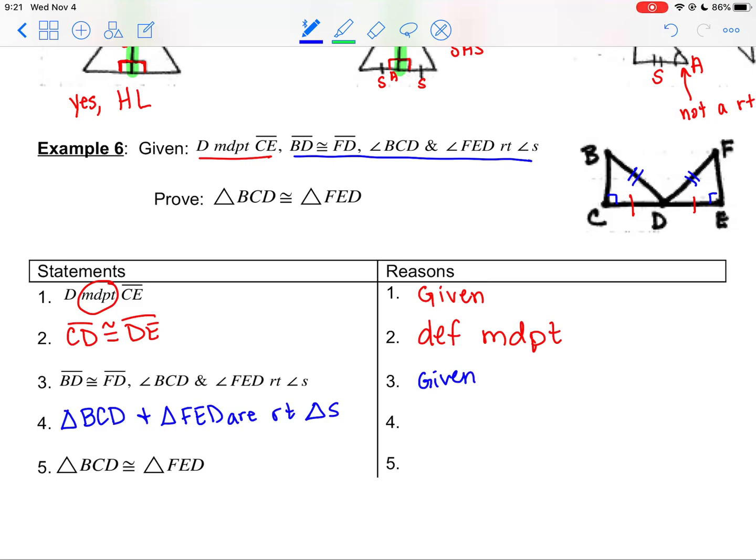So that is going to be from the definition of a right triangle. A right triangle is a triangle that has one right angle in it. So now I'm dealing with right triangles. I have a leg of each, and I have the hypotenuse of each. So I'm able to say that these triangles are congruent by the hypotenuse-leg triangle congruence theorem.